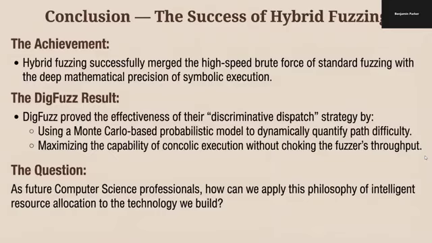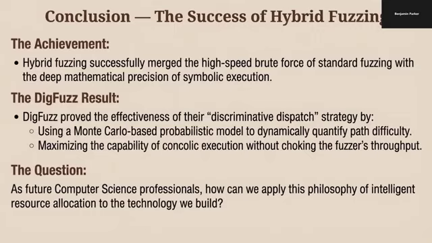To bring everything together, I just want to reiterate just how massive an achievement hybrid fuzzing was for vulnerability discovery. We took a fundamentally blind technique, throwing data at a wall and seeing what breaks, and successfully combined it with the heavy, precise mathematics of symbolic execution. But as we saw today, simply putting these together in any way isn't enough.